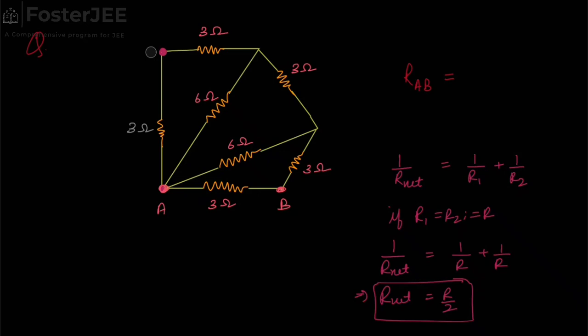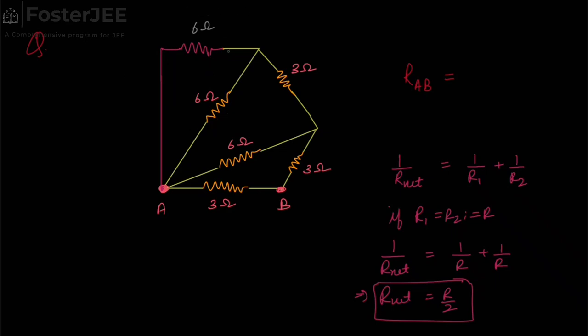Now, we can easily see that these two resistors are in series. So, the combination of these two will be like this. Since they both were in series, 3 plus 3 becomes 6. Again, these two branches are in parallel and the resistances are equal.